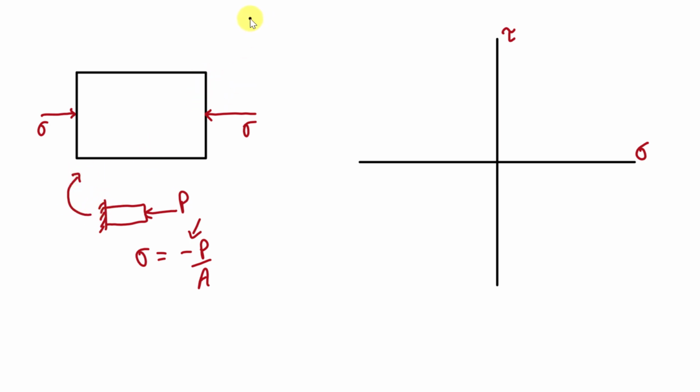In this loading condition sigma x is equal to minus sigma, sigma y is equal to 0 and tau is equal to 0. Fine. So first of all we are going to mark these 2 points. Here sigma x is equal to minus sigma. So it is compressive stress. So we have to mark this point at the left side of this origin. So this minus sigma will be somewhere here.